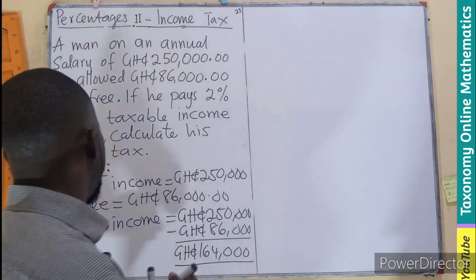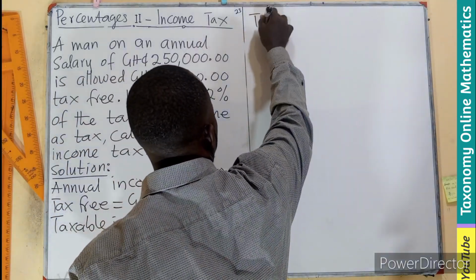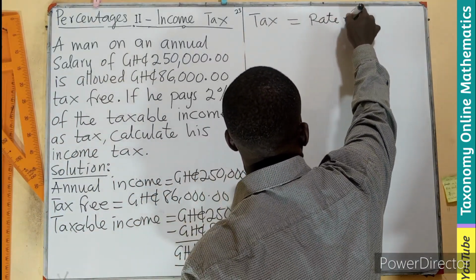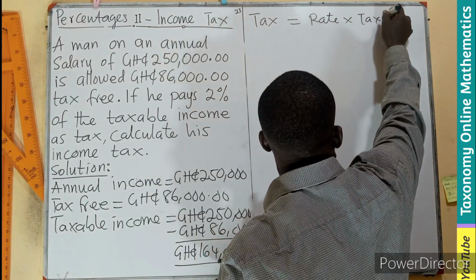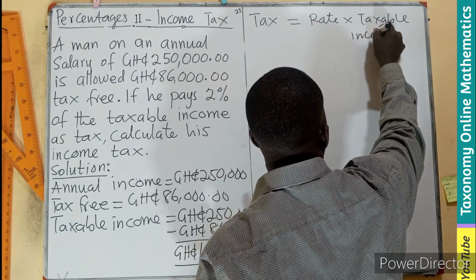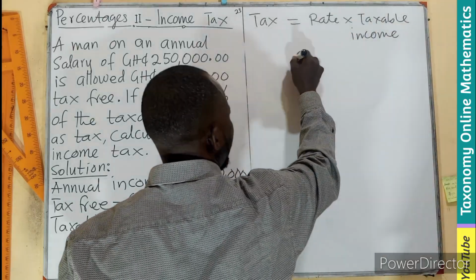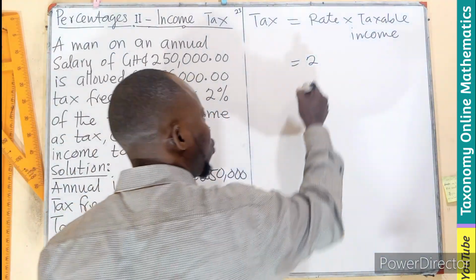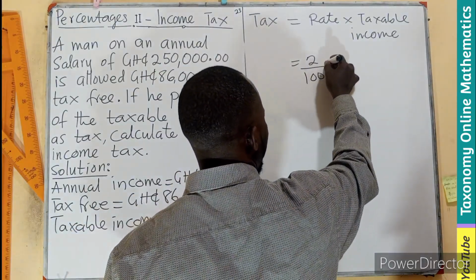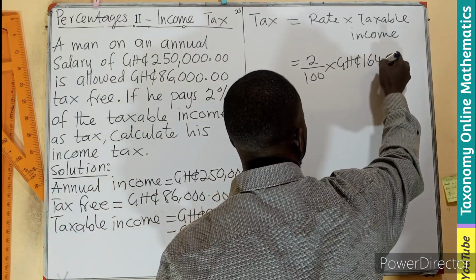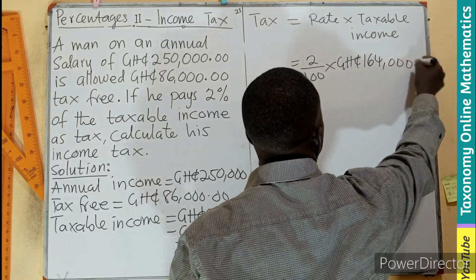We are asked to find the income tax. So the income tax is equal to the rate of tax times what? Taxable income, right? So this means that 2% is 2 out of 100. So 2 out of 100 as the rate times the taxable income, 164,000.